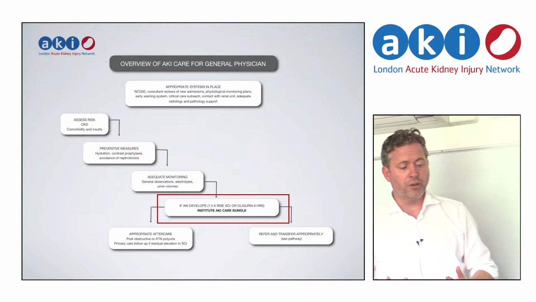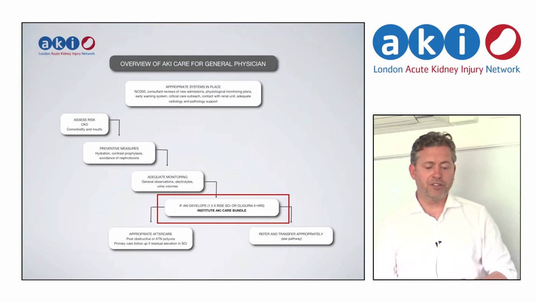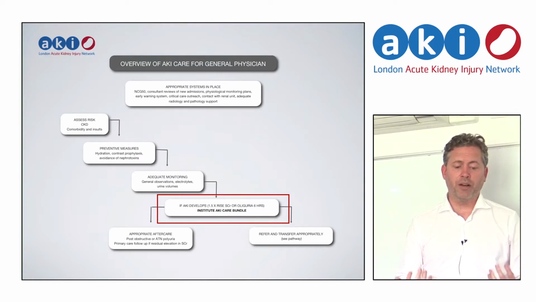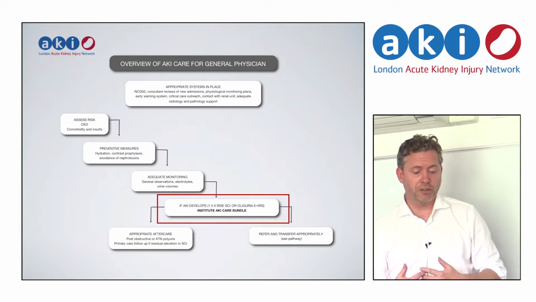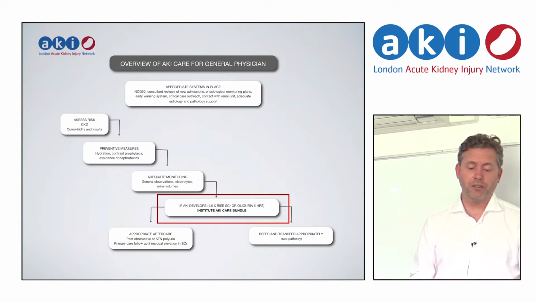We need to monitor patients who are at risk to establish whether AKI has emerged, and this requires general observations, but obviously monitoring of the serum creatinine values and urine volumes where possible. If AKI develops, we have a specific pathway of care which we would like to institute.